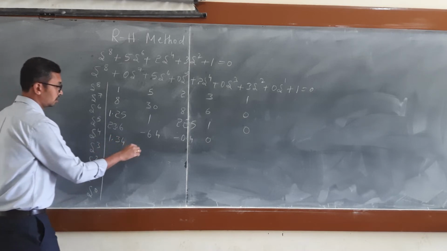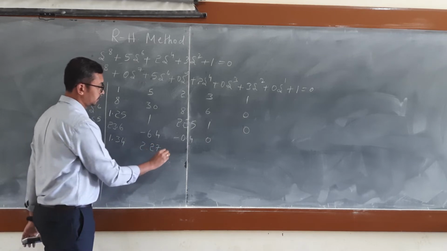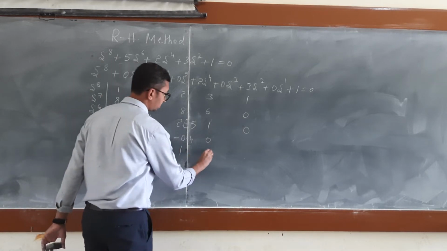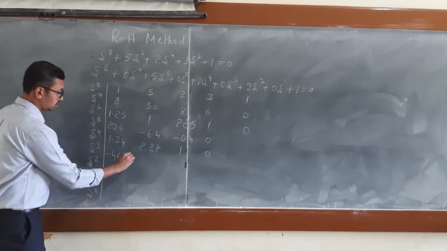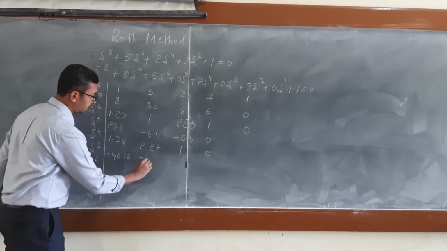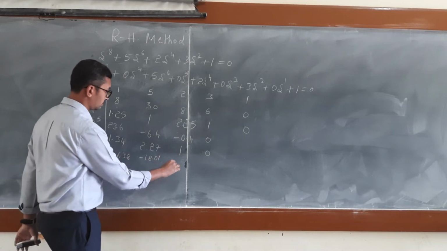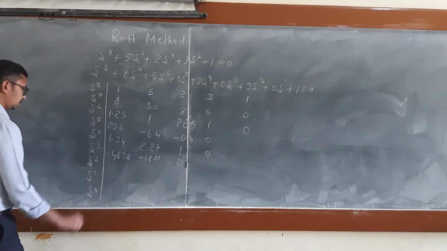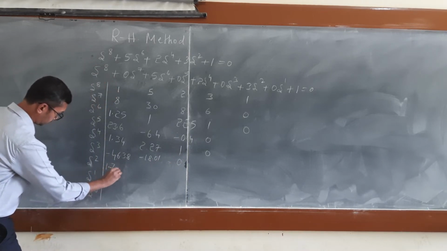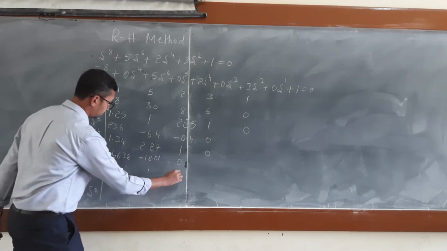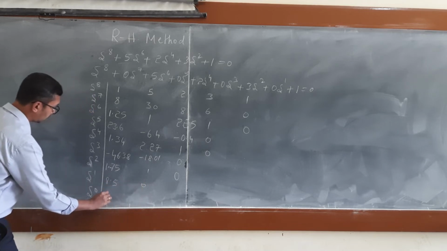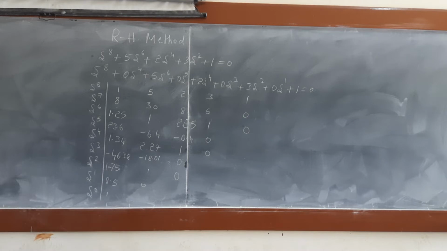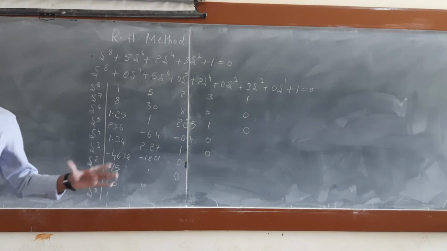Then 1.34, 2.27, 1, 0, minus 46.38, minus 18.01, 0, 1.7, 1.55, 1, 0, 8.5, 0, 1. Sure? Everyone got the answer? Yes, sir.